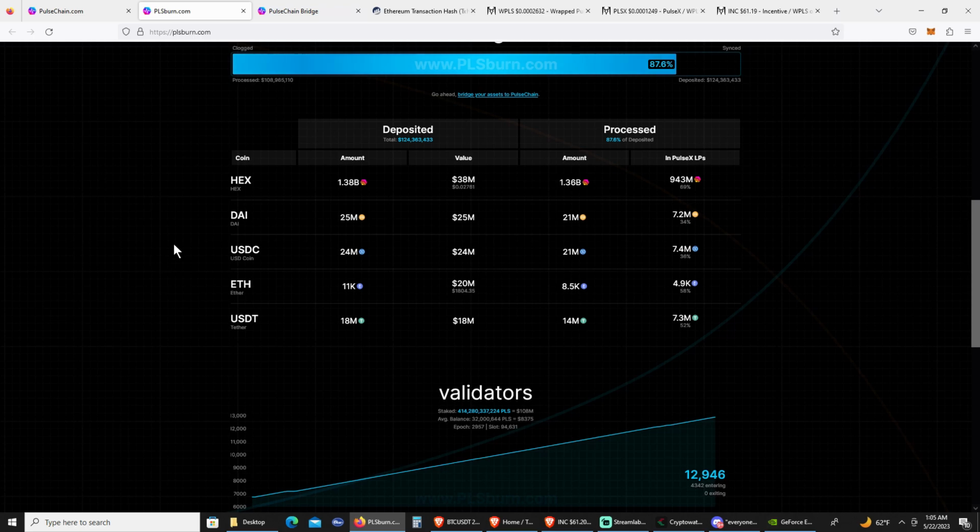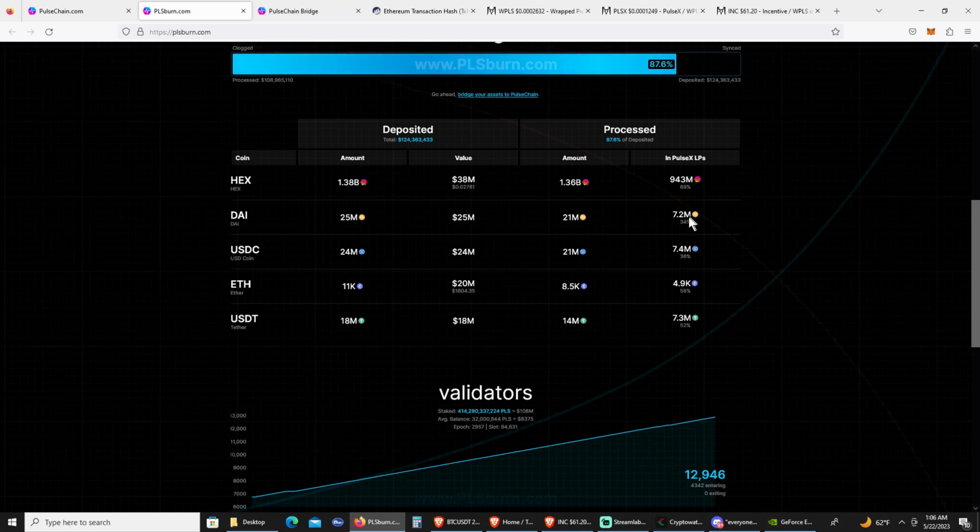Looking at the Pulse Burn website, I can see the total deposits. We see 87% of the deposits are going through the bridge. So the majority of the value is HETs. People had a lot of HETs that they bridged over. In the Pulsets liquidity pool, about 943 million HETs.